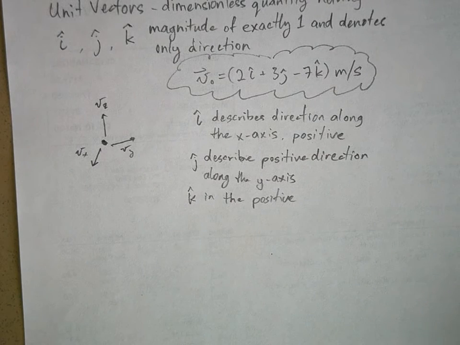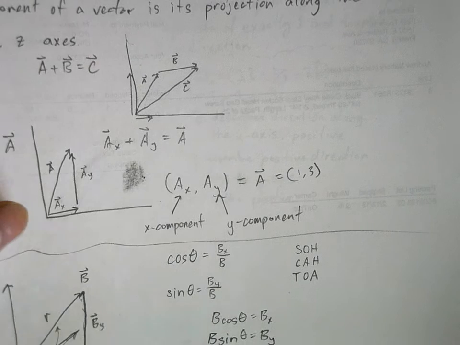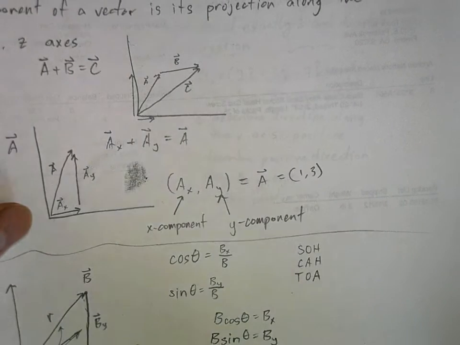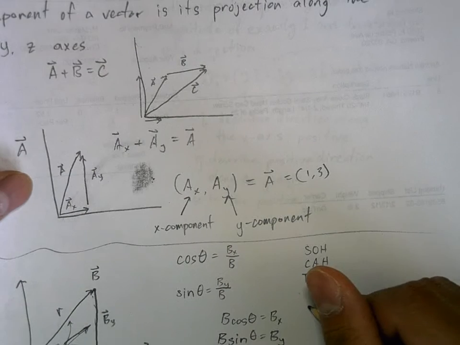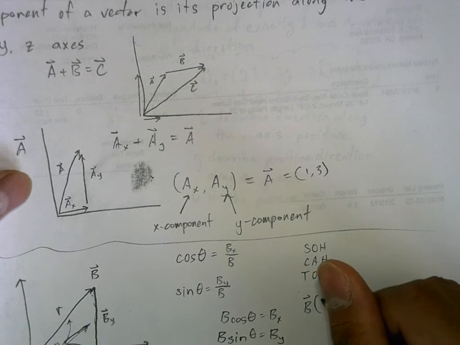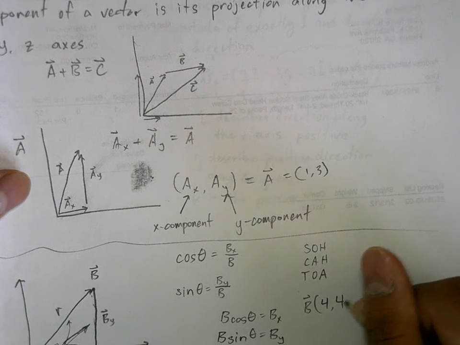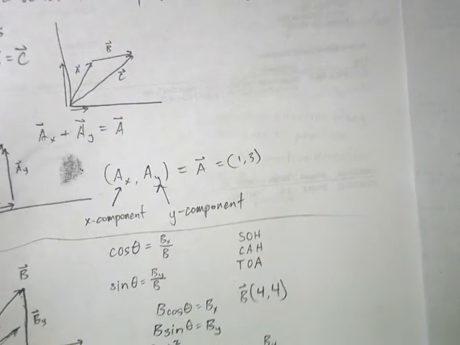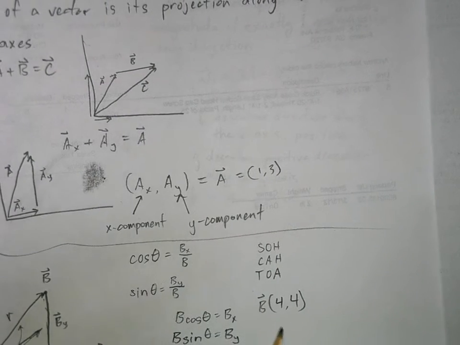All right, so let's talk about our vectors A and B from over here. For vector B, let's say it had magnitudes of 4 and 4 in the x and y directions, or the components x and y.